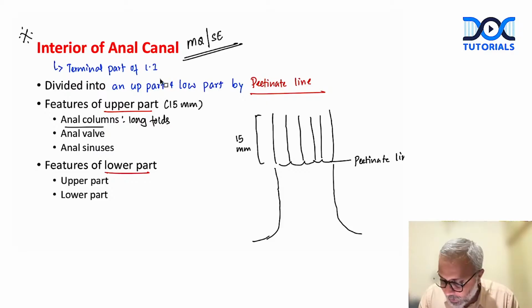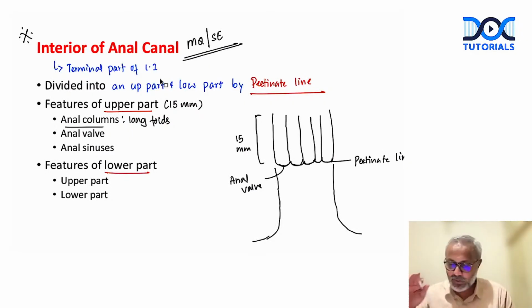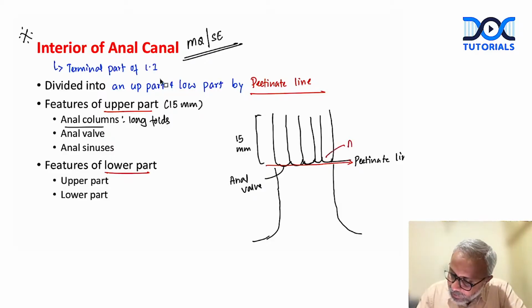These anal columns show a mucosal folding in the lower part. This is what we refer to as the anal valve. When all the valves are put together, the line that we get is what we refer to as the pectinate line. Then the space above the anal valve is called the anal sinus.